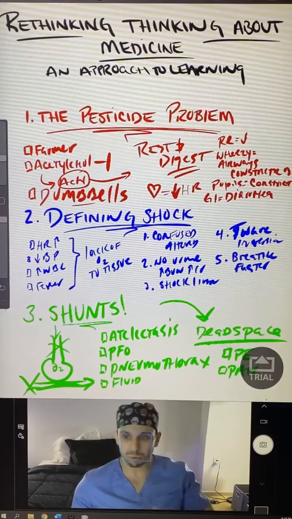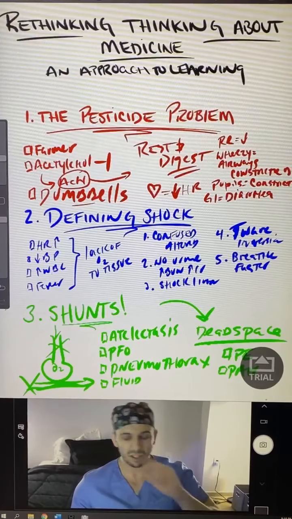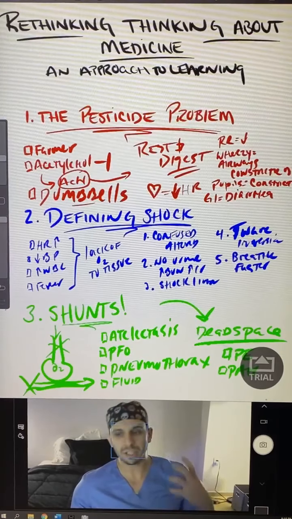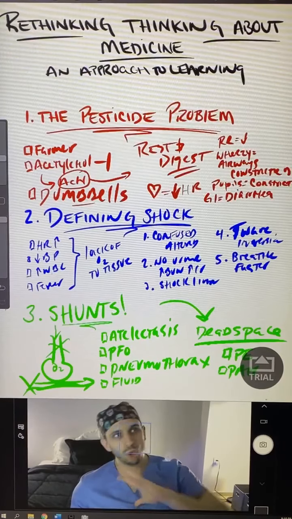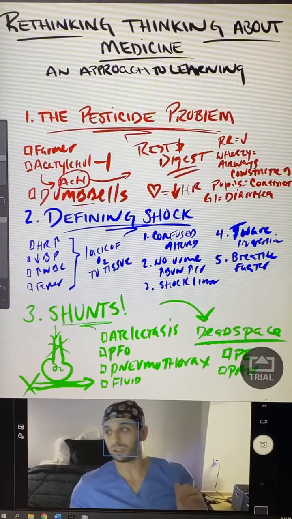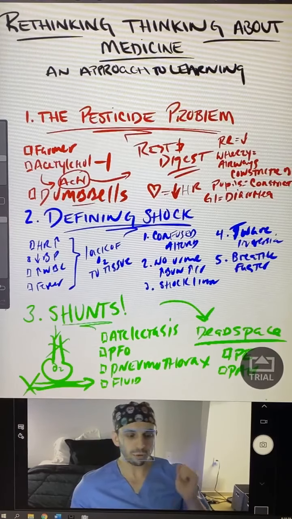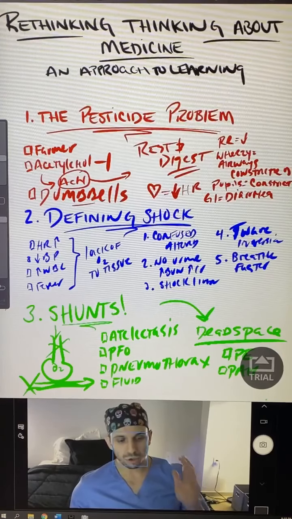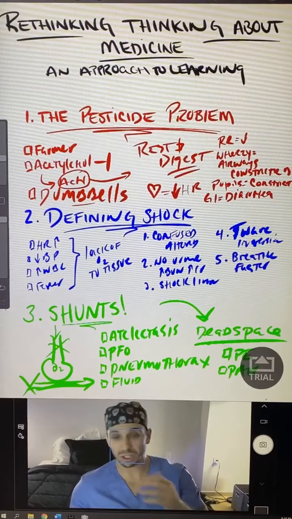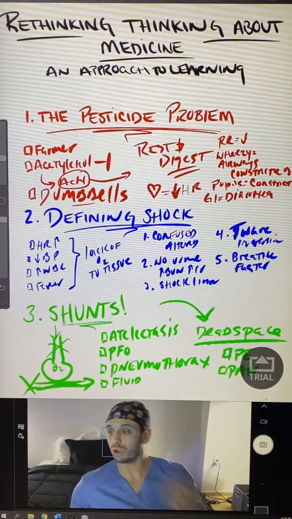If you're laying prone and you have all that pressure from wherever you're laying on your back, all of these things make a lot of intuitive sense. Don't get into this habit of memorizing because it's going to take you forever to learn things. You're going to forget them when you're done with your test, which can be terrible. But you need to be able to apply this to your everyday critical thinking skills when you're talking about patients, and especially with sick patients, ICU patients, all these kinds of things.